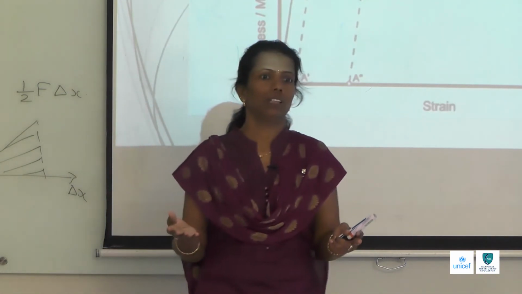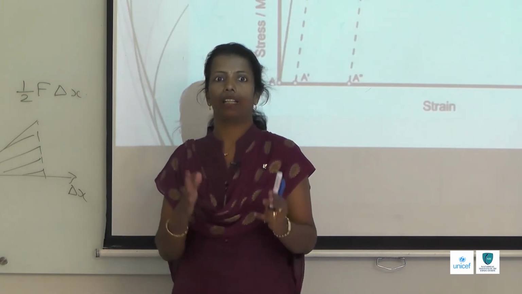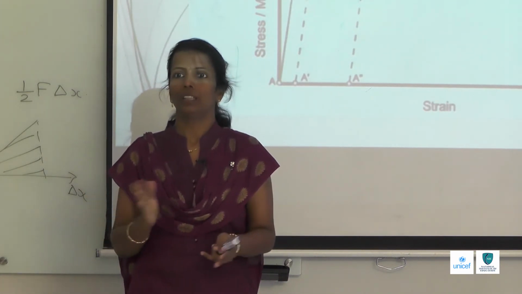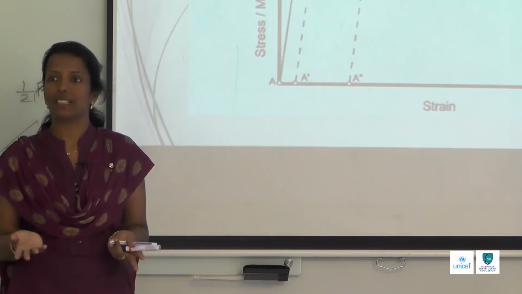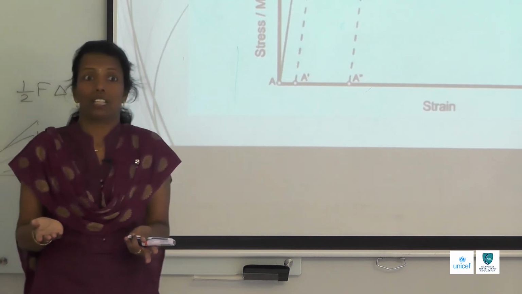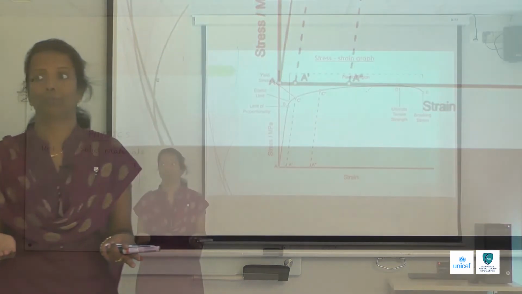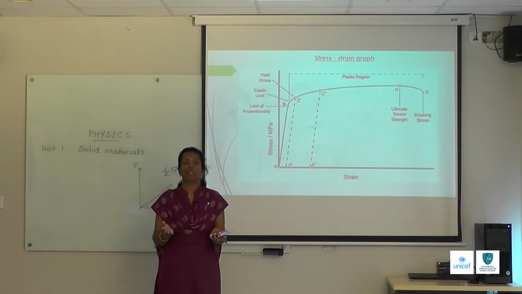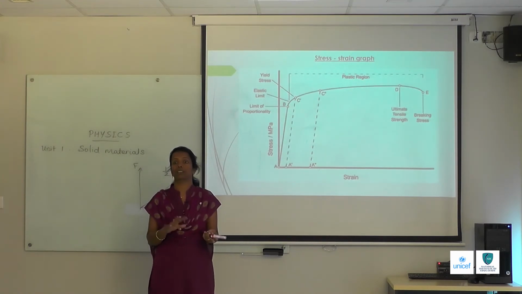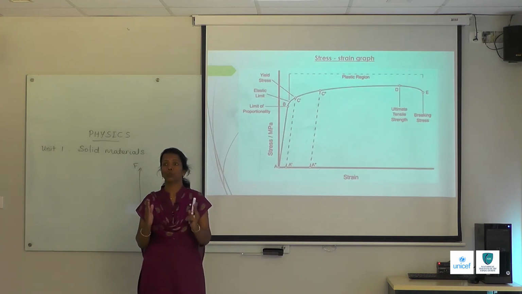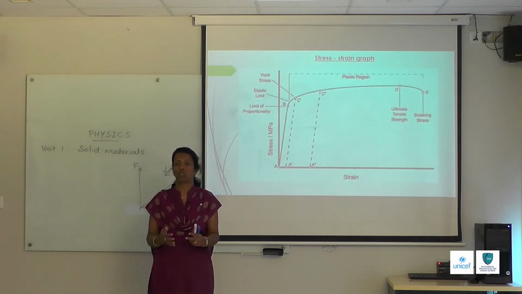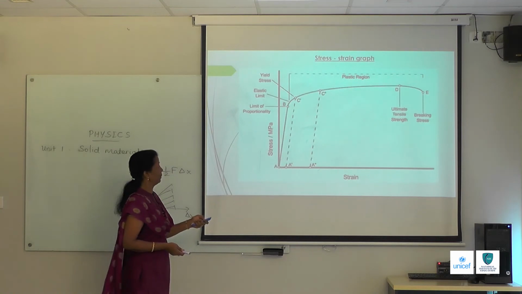For example, if I take a thin copper wire and a thick copper wire, the Young's modulus remains the same, but the stiffness is not the same. As long as the material is the same, when you are asked to compare the components also, you should know that the Young's modulus remains the same, but the stiffness varies. So, let us see the next section.